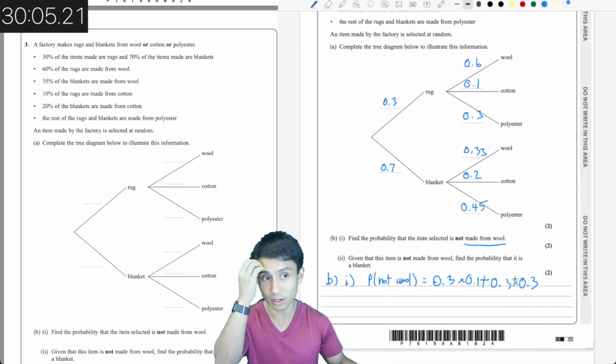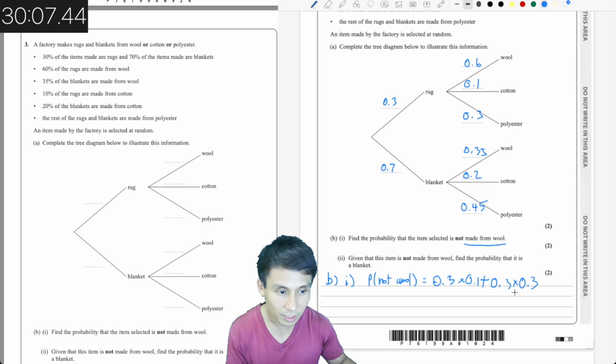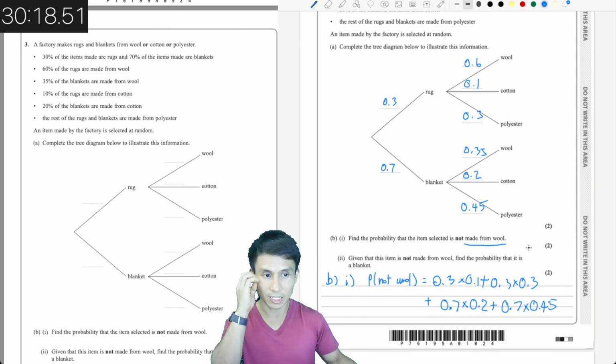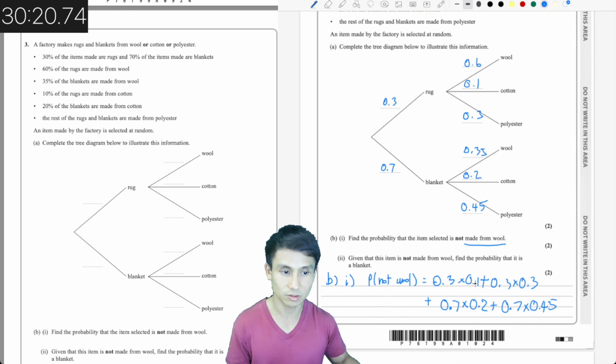That's for the rug, not wool. And then we add 0.7 times 0.2 plus 0.7 times 0.45. So that's everything that is not wool.